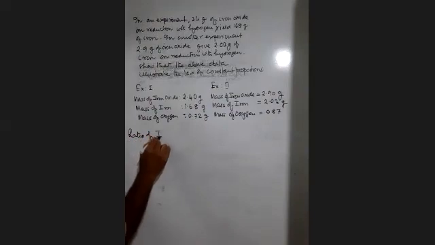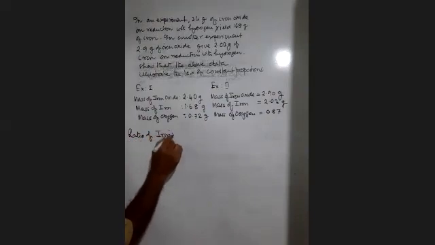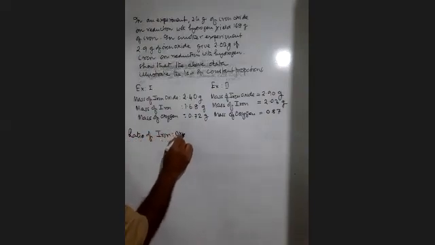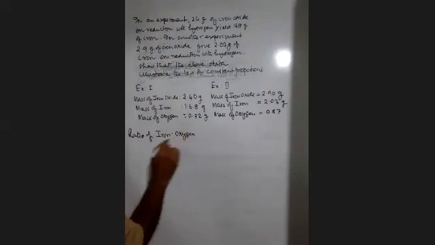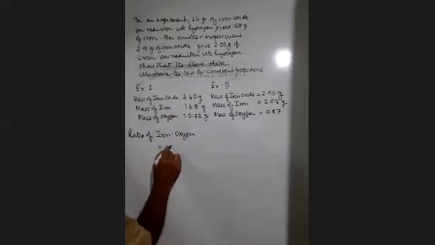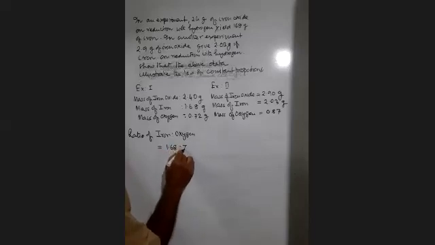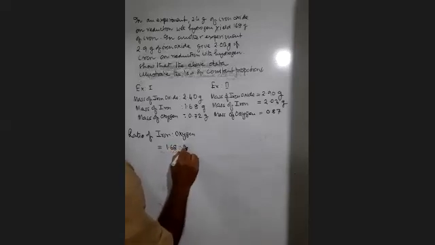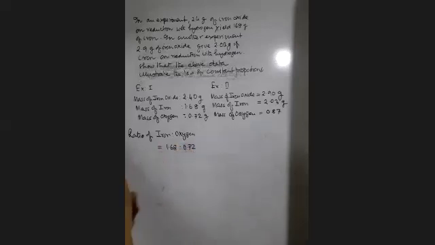The ratio of iron is to oxygen. How much does it come? See here, it is 1.68 is to 0.72.